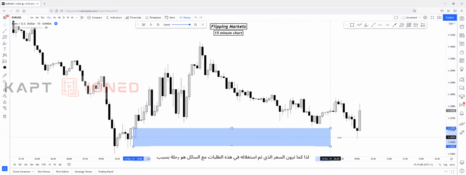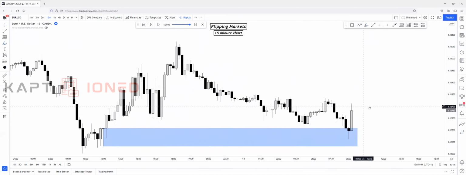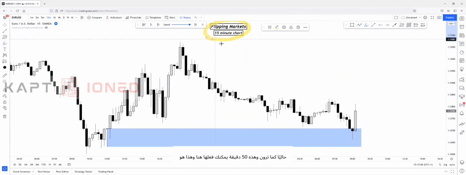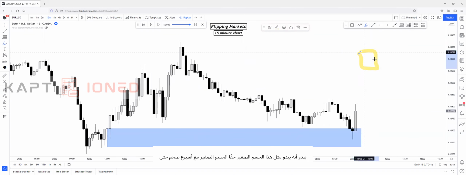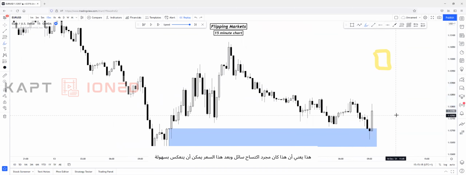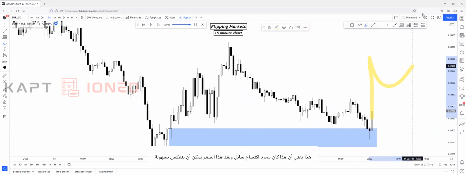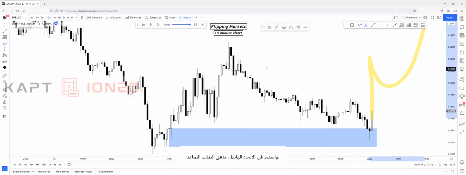So as you can see, price tapped into this demand zone with a liquidity sweep, because we are on the 15-minute chart currently. And this is a 15-minute candle right here, this one. It has a really small body with a huge wick to the downside. So this means this was only a liquidity sweep, and after this, price can easily reverse and continue the bullish order flow.